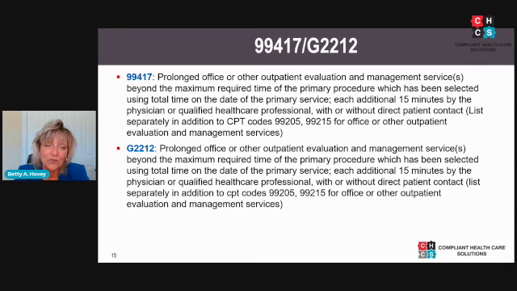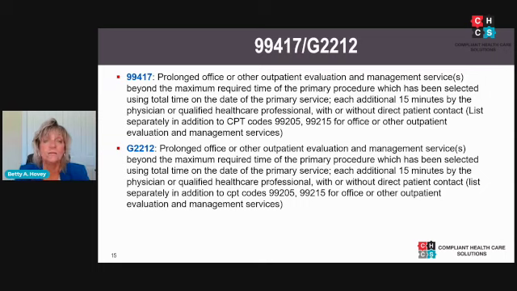Usually when CMS comes up with a G code, it's because there's not a current CPT code for something they're trying to carve out, or they don't like the big code that CPT made. So they take a piece out of it and make a G code for that, and they'll pay you when it's that. That's why they make G codes: you're saying to Medicare, I'm meeting that exact criteria.